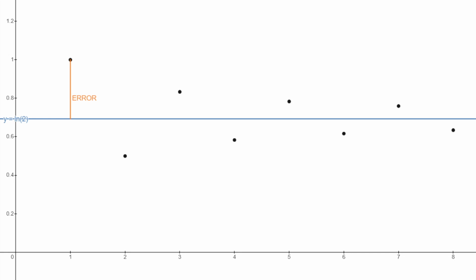And if I had approximated using two terms, I'd have gotten over here, and that would be my error. And if I had approximated using three terms, I would have an error looking like right there, and so on. I could just keep labeling my error with higher and higher terms. But we see that the more terms we add, the smaller the error is getting.